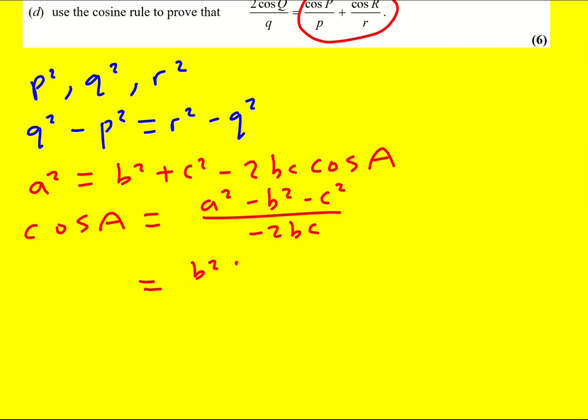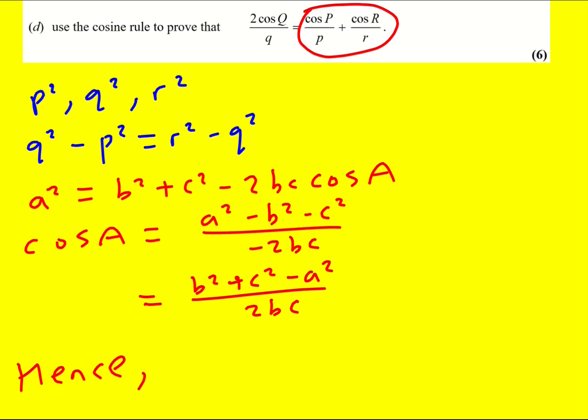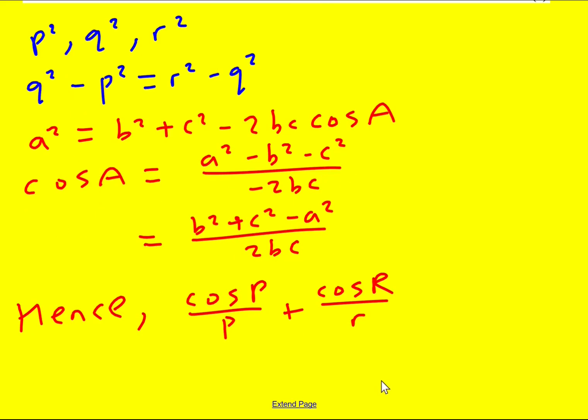So b squared plus c squared minus a squared over 2bc. Hence, here we go. We've got cos P over little p plus cos capital R over little r.